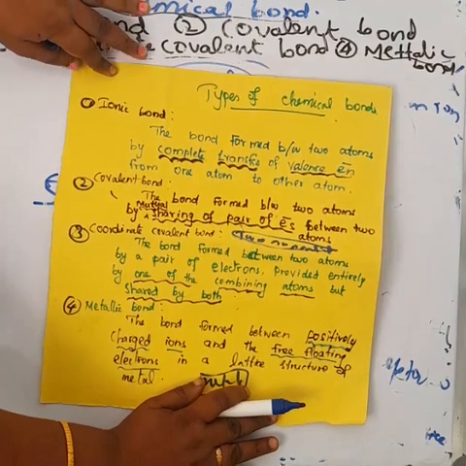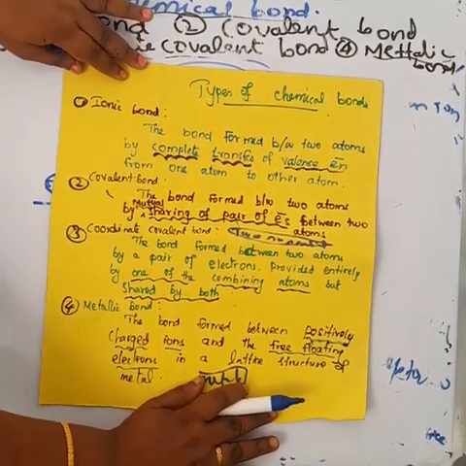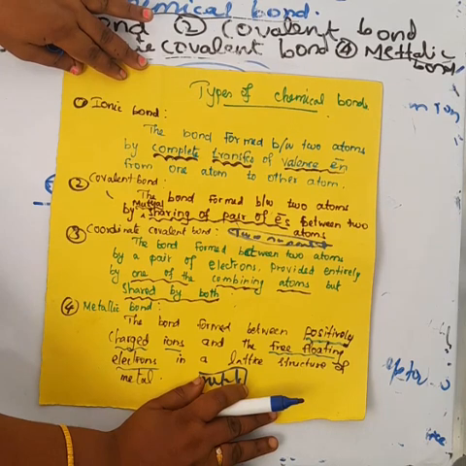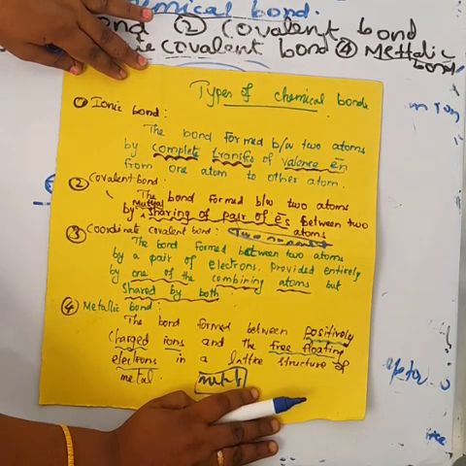Covalent bond means mutual sharing of a pair of electrons between two atoms. Coordinate covalent bond means the pair of electrons is provided entirely by one of the combining atoms but shared by both.